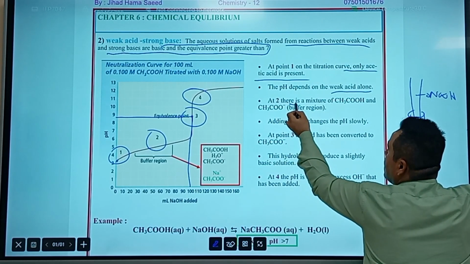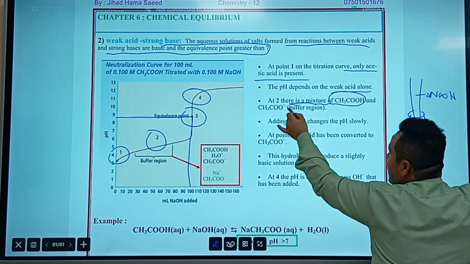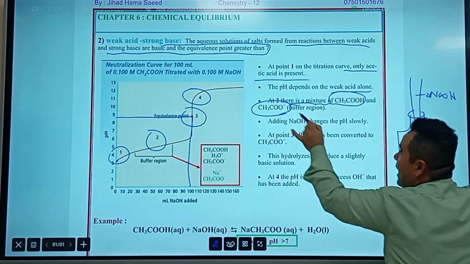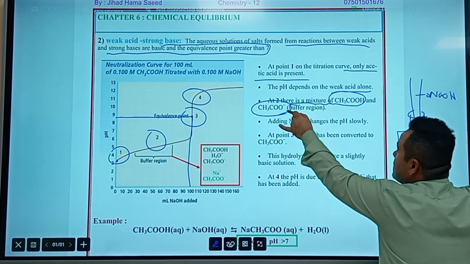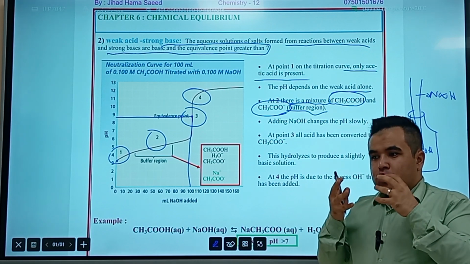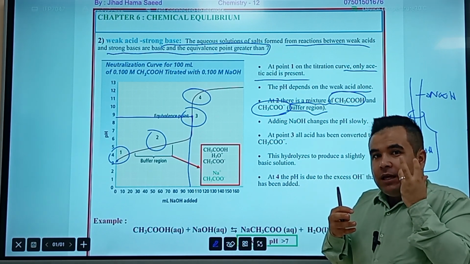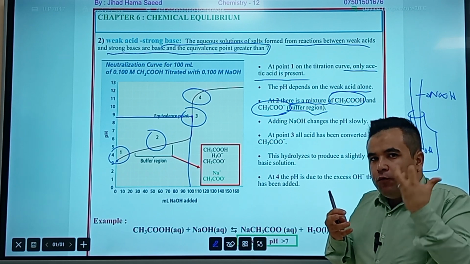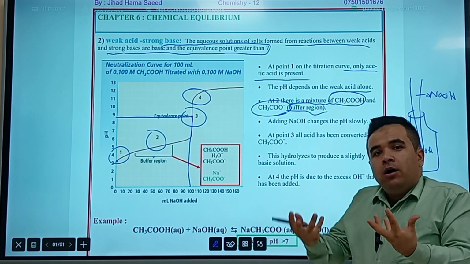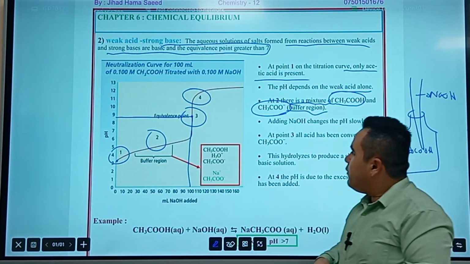At point 2, there is a mixture of the acid and the anion of the acid, which we call the buffer region. A buffer is a solution which has a weak acid or weak base together with the common ion of that weak species. That will be a buffer region.